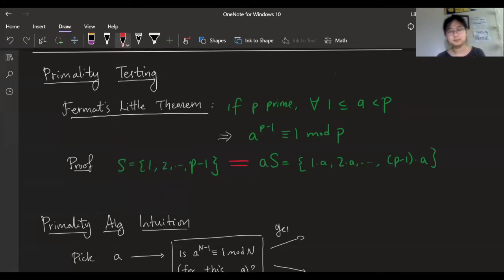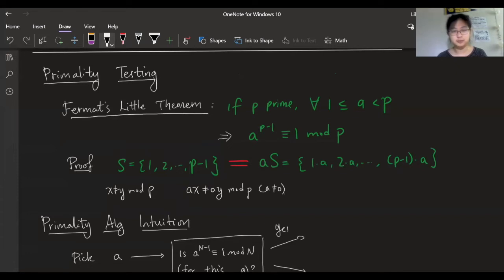And something I need to realize is that I want to say these two sets are actually equal. Why is this? Both of them have P minus 1 elements, and the crucial observation is that all of the elements are different on the left side, and when I multiply them by the same number A, they must still stay different. Essentially what I'm saying is that if X is not equal to Y mod P, then AX is not equal to AY mod P, as long as A is not 0.